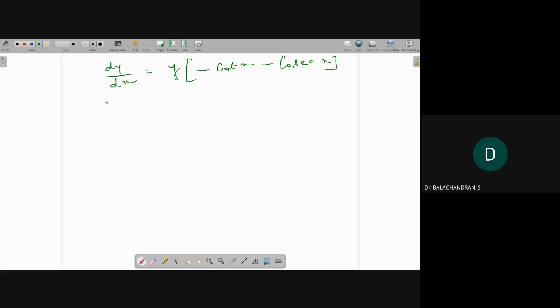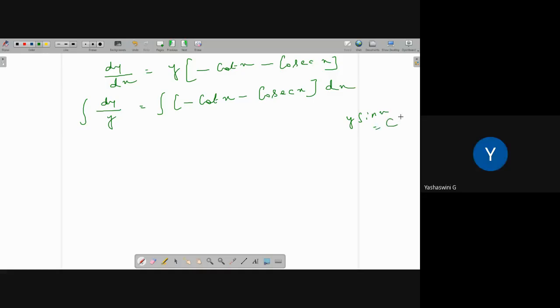So now, anybody got the answer? So now integrate on both sides. y sin x is equal to c into cosec x plus cot x.